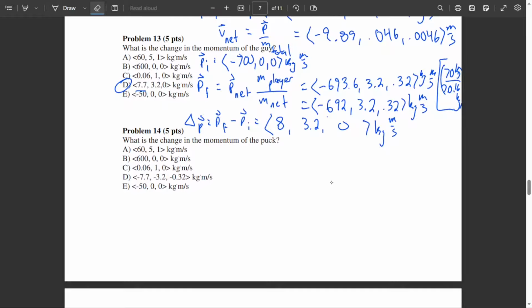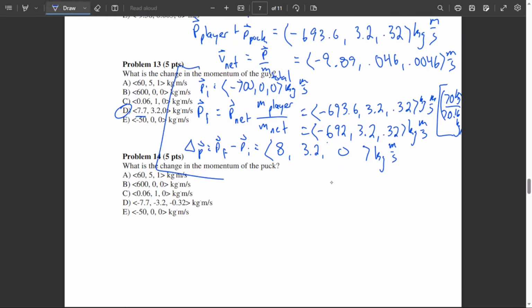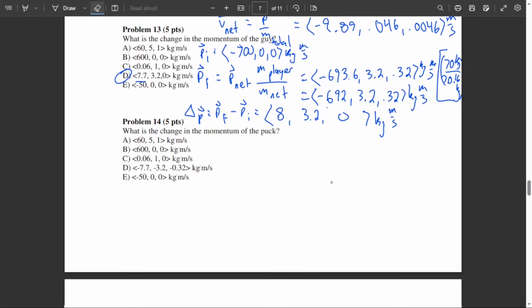And then, problem 14. What is the change in momentum of the puck? So there's two ways you could do this. You could go through the same calculation we did up here, but replace the mass of the player with the mass of the puck. Or you could simply reason it out. All the momentum that the player gained must have come from the puck. So if the player gained 7.7, 3.20 kilogram meters per second momentum, the puck must have lost that amount.